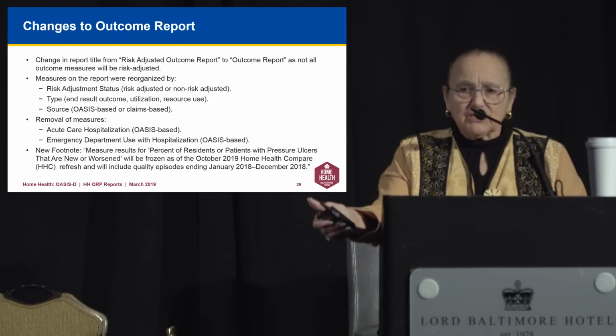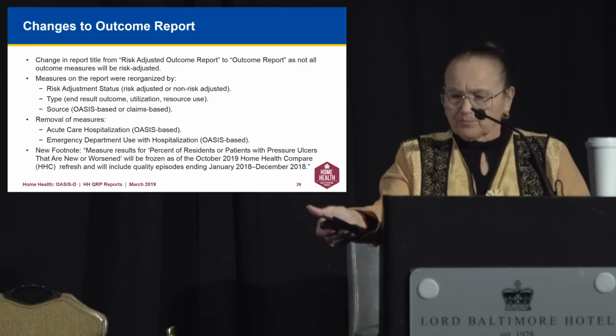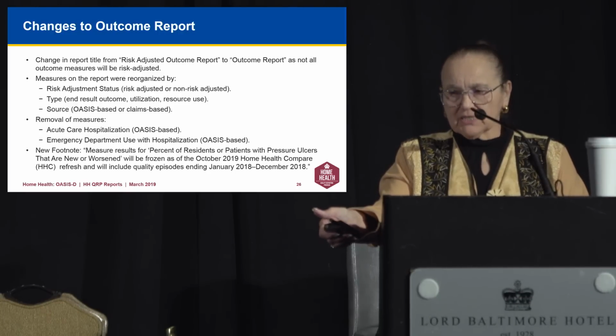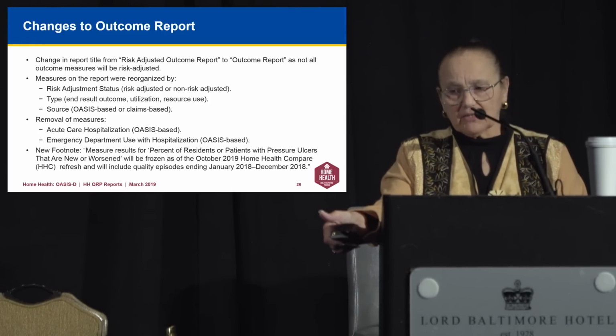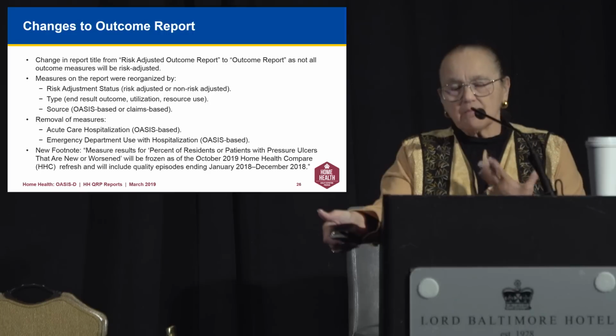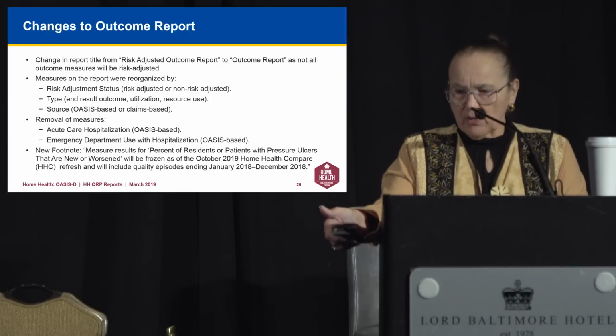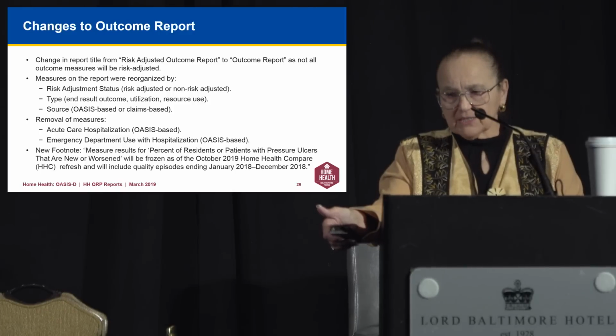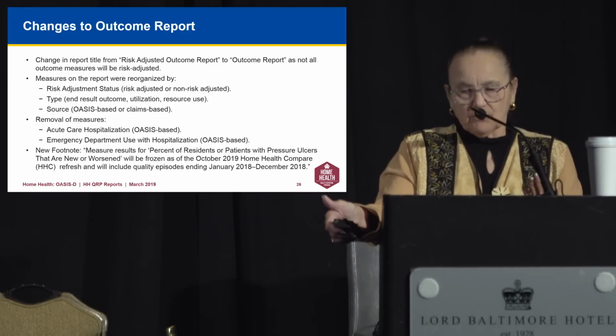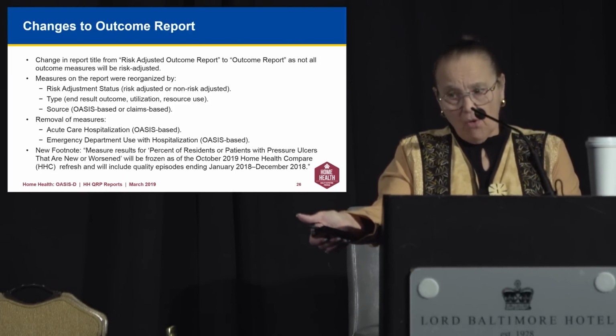So what have we changed in this report going forward? We have changed the title from Risk-Adjusted Outcome Report to simply Outcome Report, because not all of these outcome measures will be risk-adjusted when you see the final data. The measures on the report were reorganized into 3 specific groups: risk adjustment status, as in risk adjusted or not.